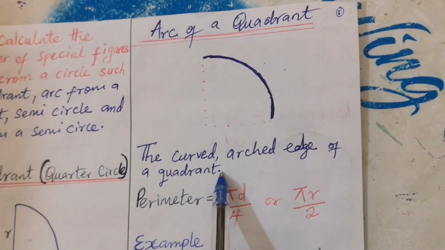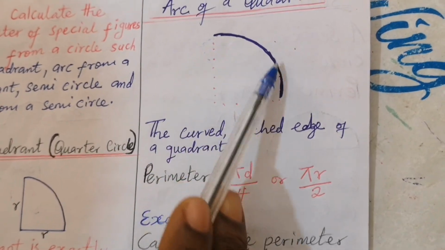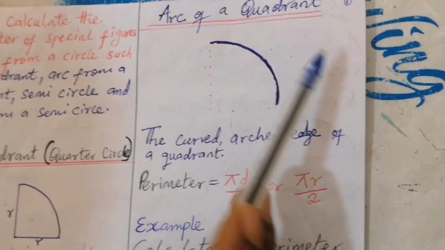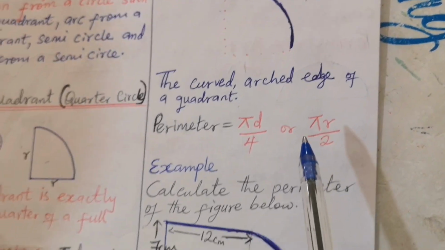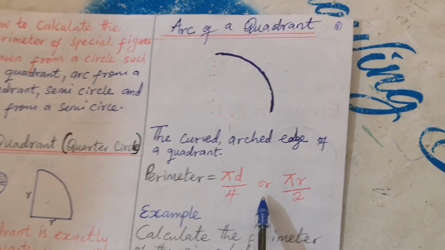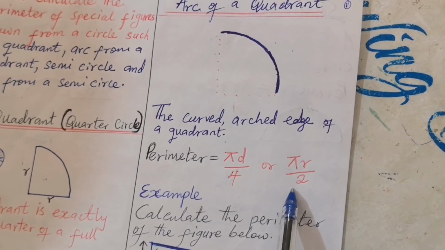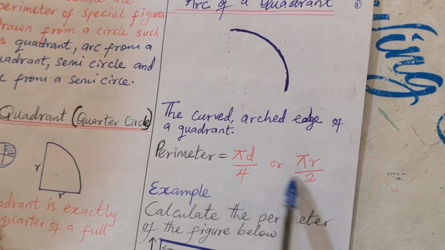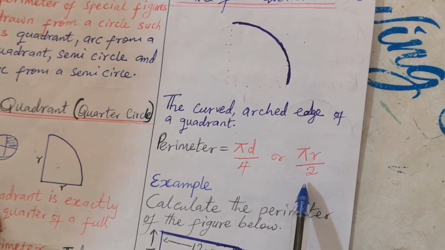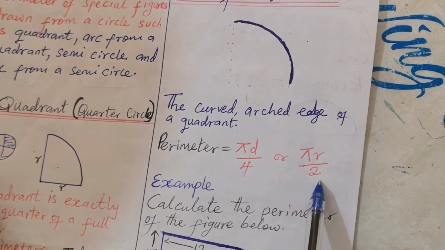And the formula for calculating the arc of a quadrant is pi d all over 4 or pi r all over 2. So any of these formulas can go for calculating the perimeter of the arc of a quadrant.